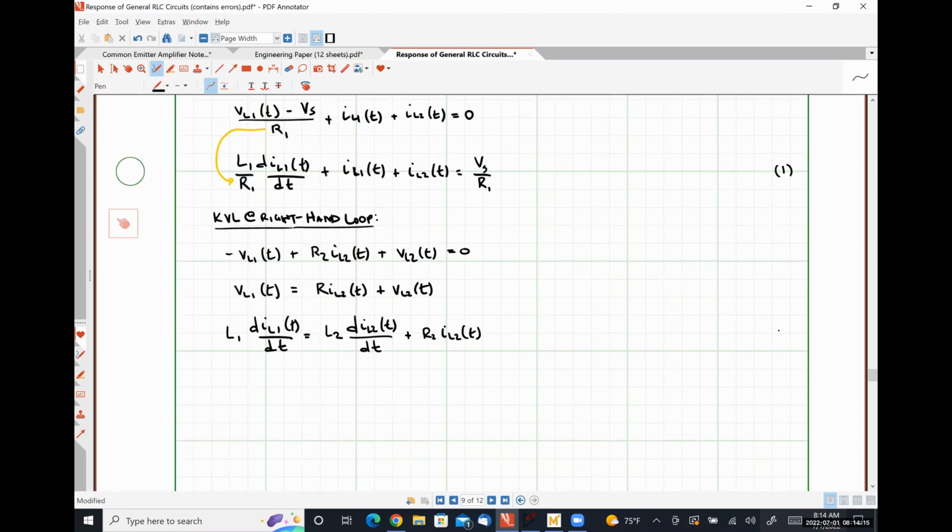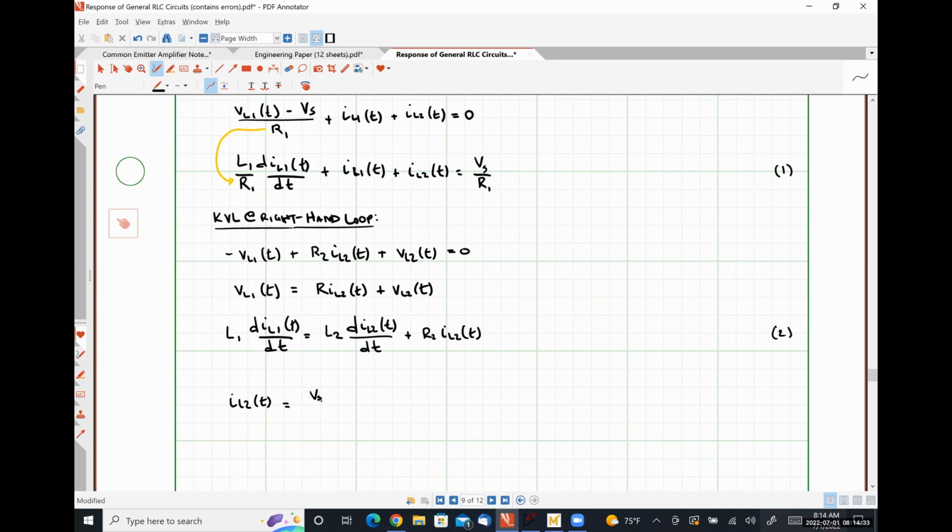Call this guy right here, equation 2. So as I said, I'm going to algebraically manipulate equation number 1. So I'm going to have IL2 as a function of time by itself.